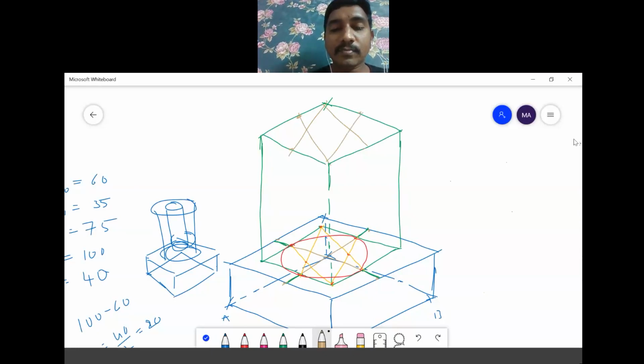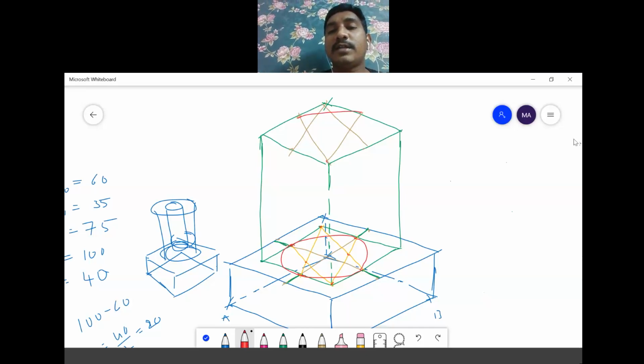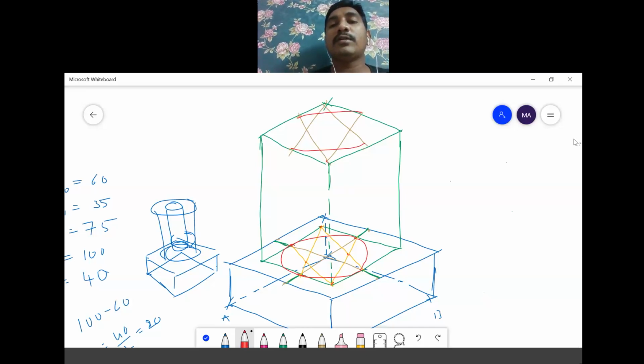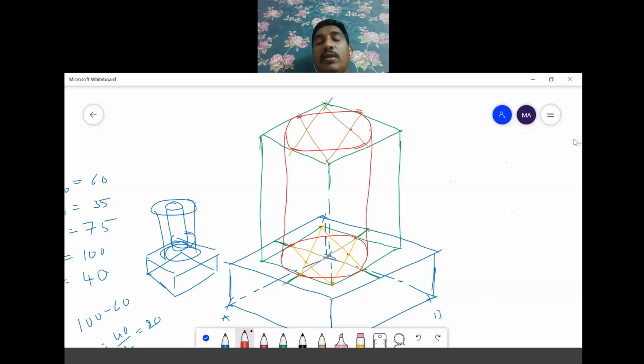So here I am taking this as a center, this as a radius, I am drawing one arc. This as a center, this as a radius, one arc. This as a center, this as a radius, one arc. This as a center, this as a radius, drawing one arc. We'll get a circle, joining these two. This one will be the cylinder you have drawn.